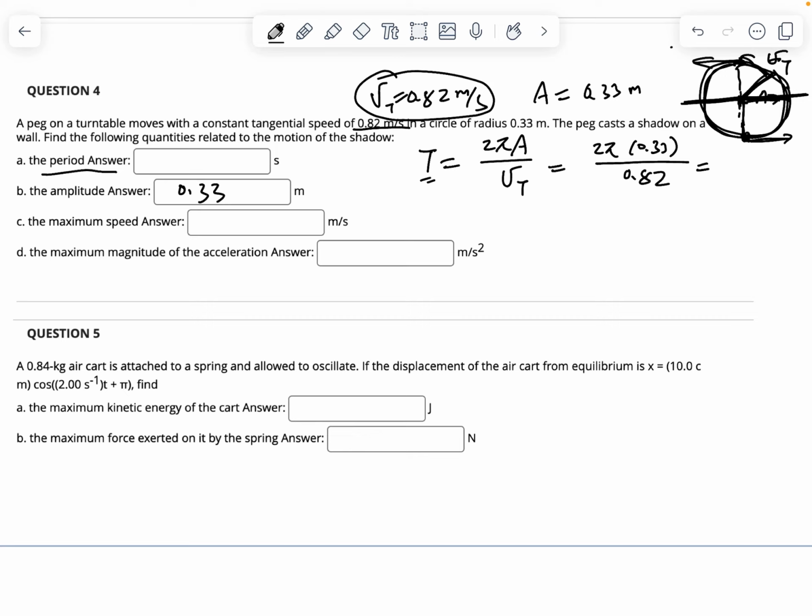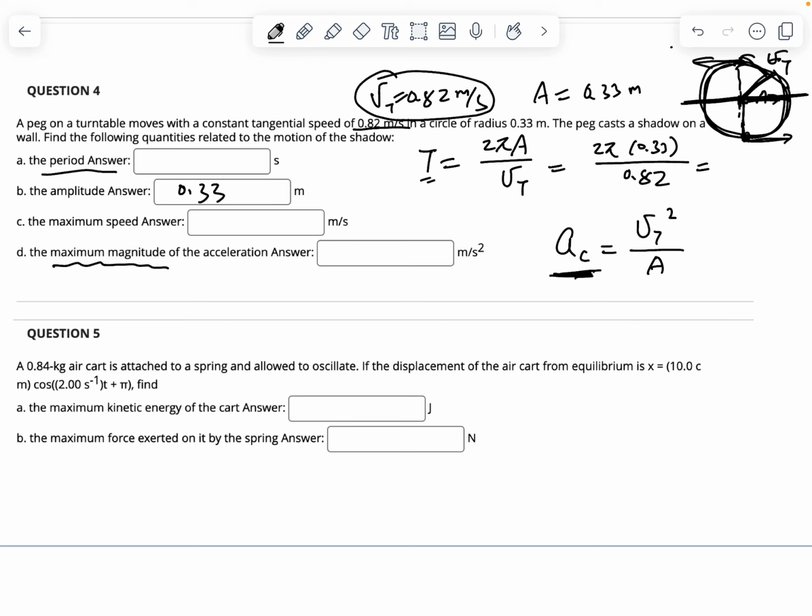Last one, the maximum magnitude of the acceleration. We know the centripetal acceleration equals Vt squared over A, and the centripetal acceleration is your maximum magnitude.